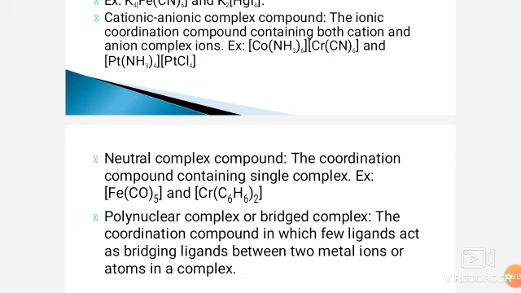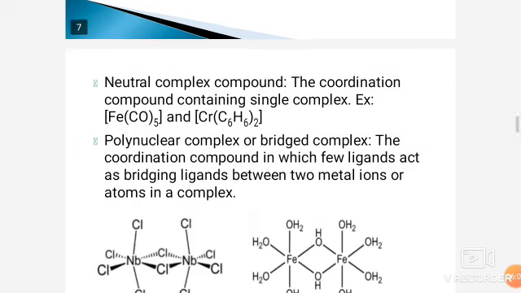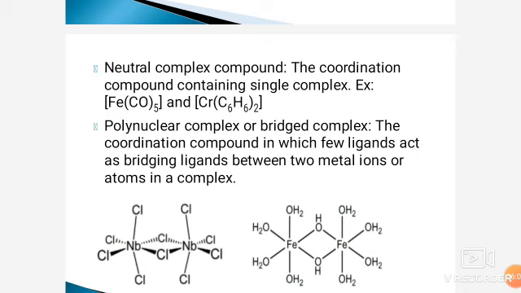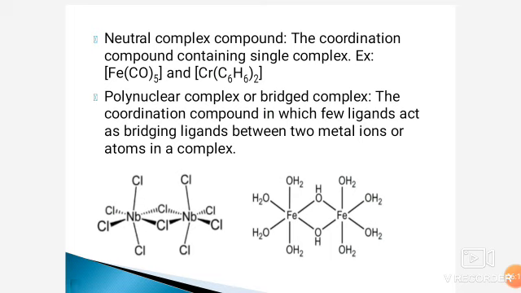Then if there is no charge on the coordination sphere, or the coordination entity itself is a neutral compound, then the coordination compound is called a neutral complex compound. Examples are the pentacarbonyl iron complex and the dibenzene chromium complex.